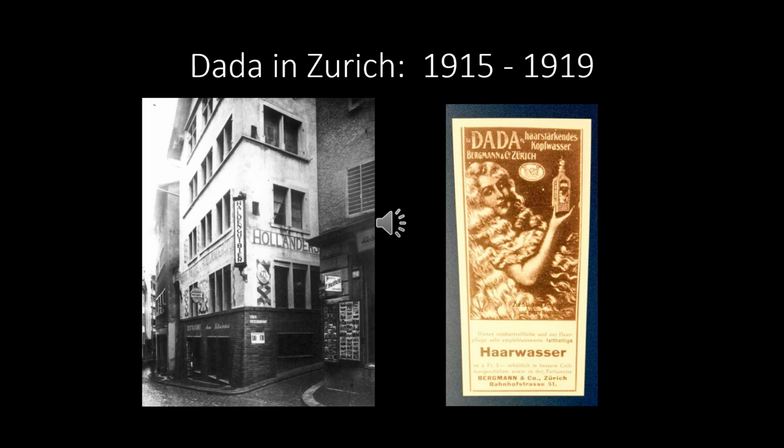The country of Switzerland was a neutral country during World War I, and it became the center for a group of individuals to gather, people who were intellectuals and poets and artists, musicians, who were really disgusted with the way that Europe had kind of fallen into what they thought of as almost a new barbarism.